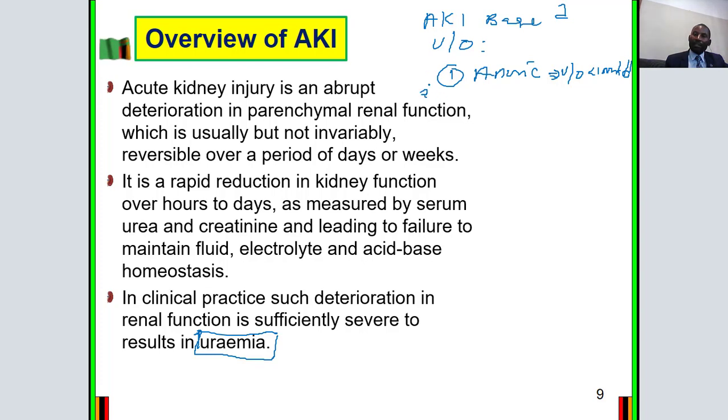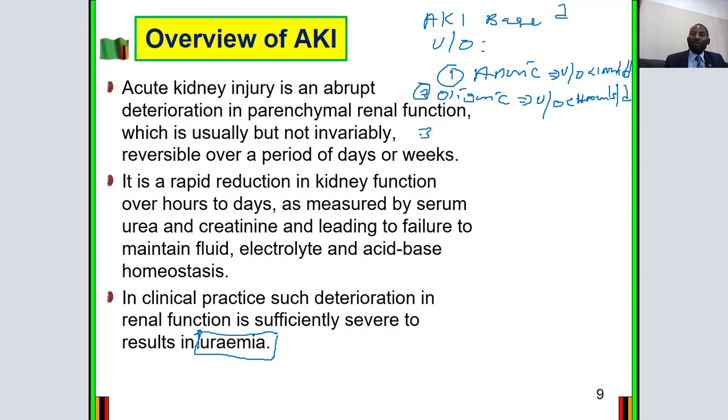Then two, we also have what we say oliguric AKI. This is when the urine output is less than 400 milliliters per day.